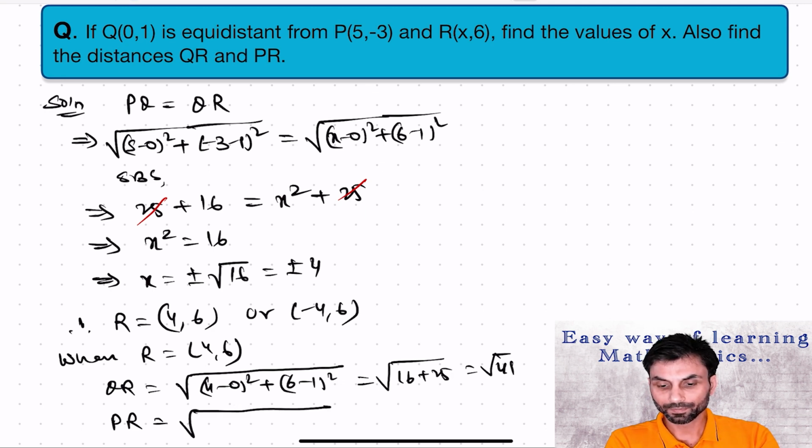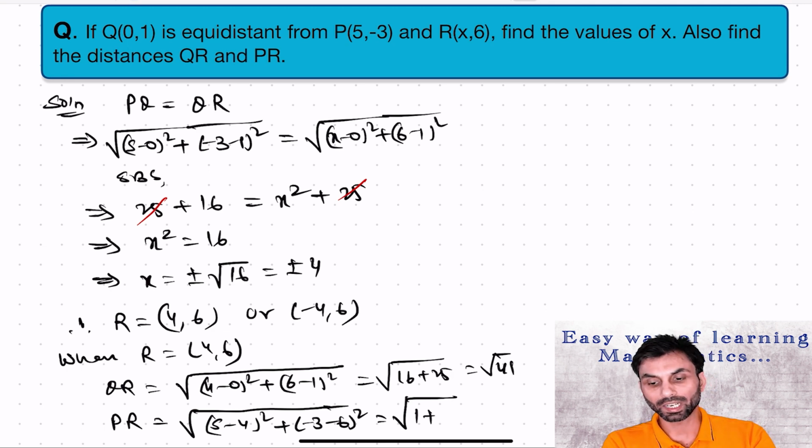So we'll get (5 minus 4) square plus (-3 minus 6) square, which will be 5 minus 4 is 1, 1 square is 1, plus -3 minus 6 is -9, square is plus 81. So this will be root 82.